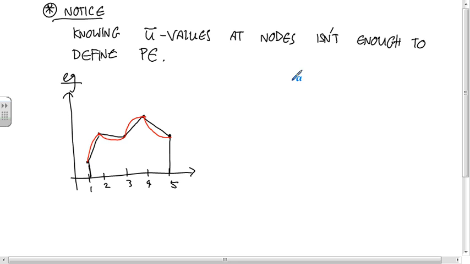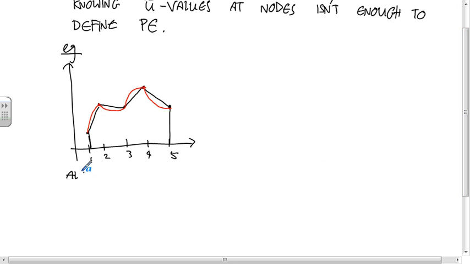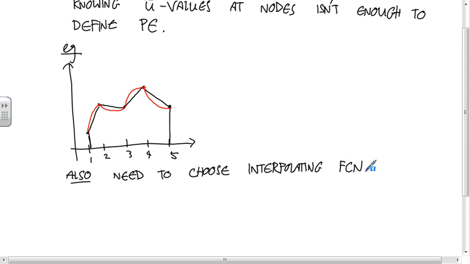So you also need to choose an interpolating function. The obvious interpolating function would be just lines in between. But you can also get better approximations by using higher ordered polynomials between those.